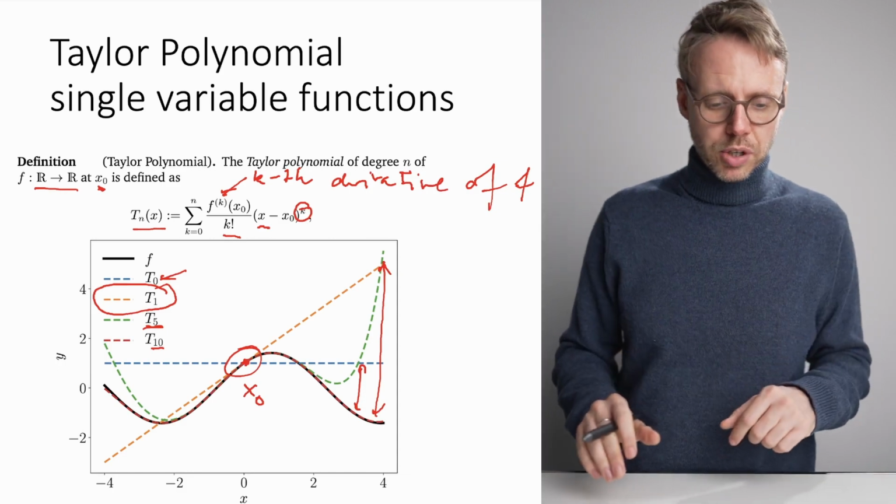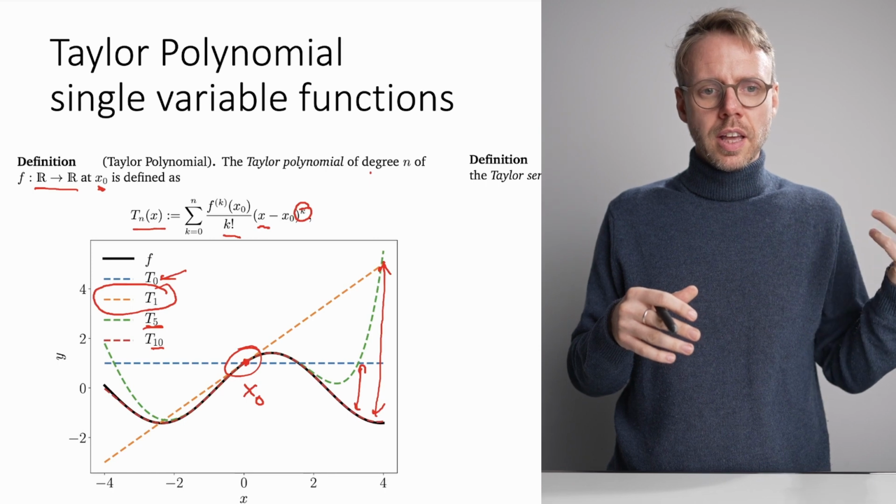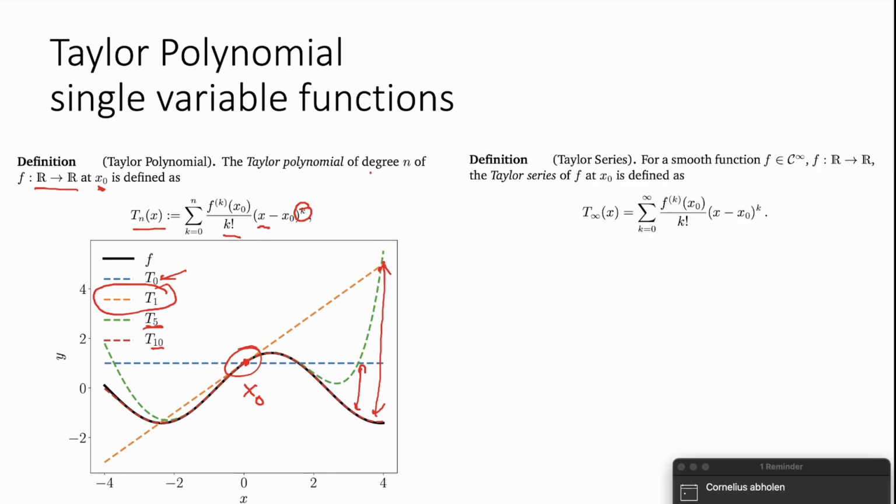And finally, if we allow n to go to infinity, then we get the complete Taylor series. So the Taylor series for a smooth function f that is infinitely differentiable is just a Taylor polynomial where n is allowed to go to infinity.